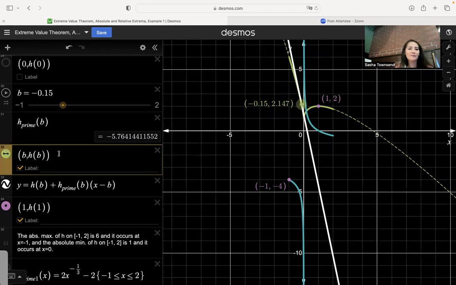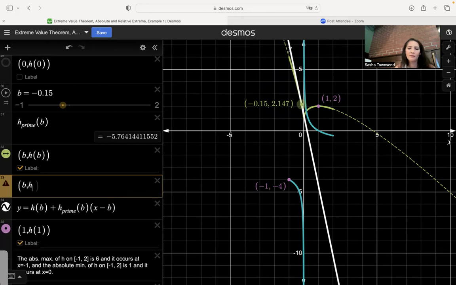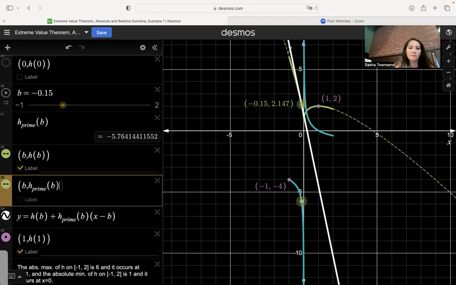Or you can just actually plot that point b and h prime. Let's label it. So at this location, when x is equal to negative 0.15, the corresponding slope is negative 5.764. So we go down 5.764 units in the y direction when we go 1 unit to the right in the x direction.